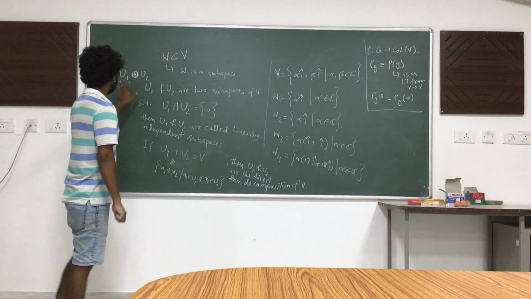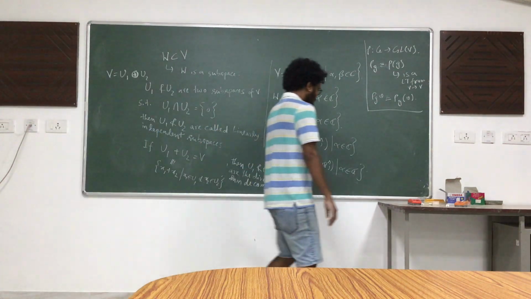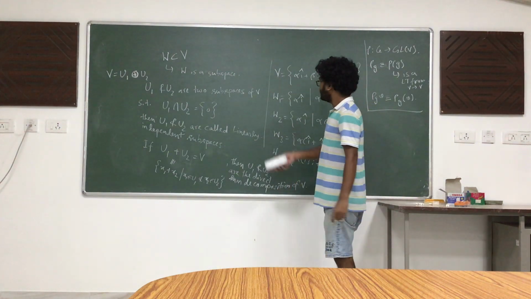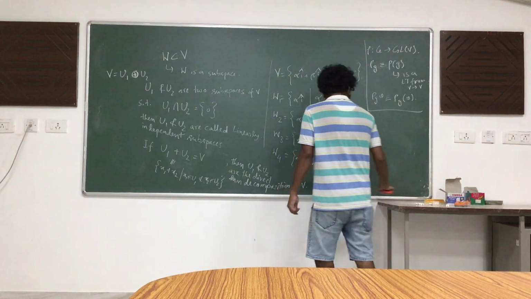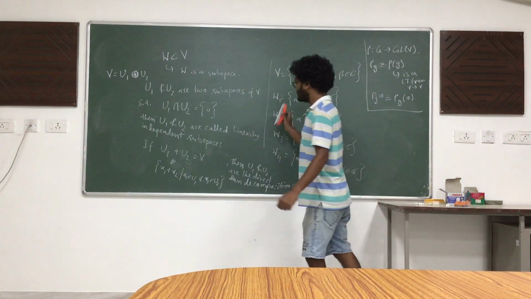So this means that U1, U2 are the direct sum decomposition of V. So far so good. I have already given a few examples of subspaces.